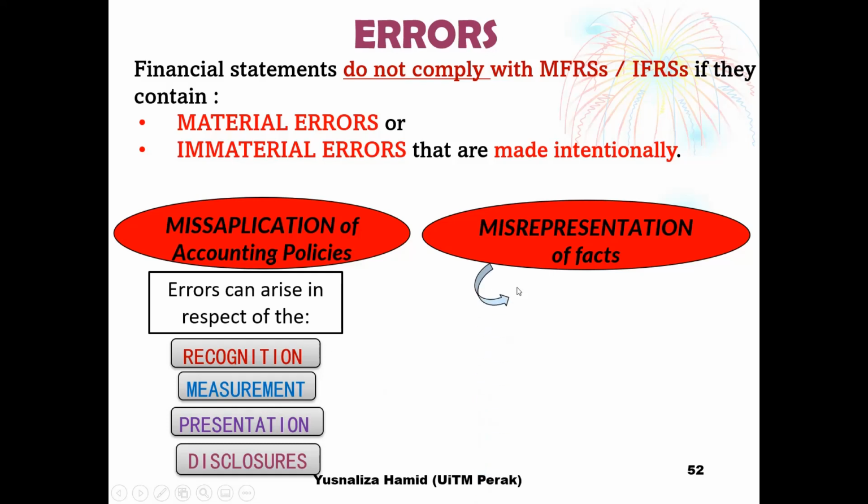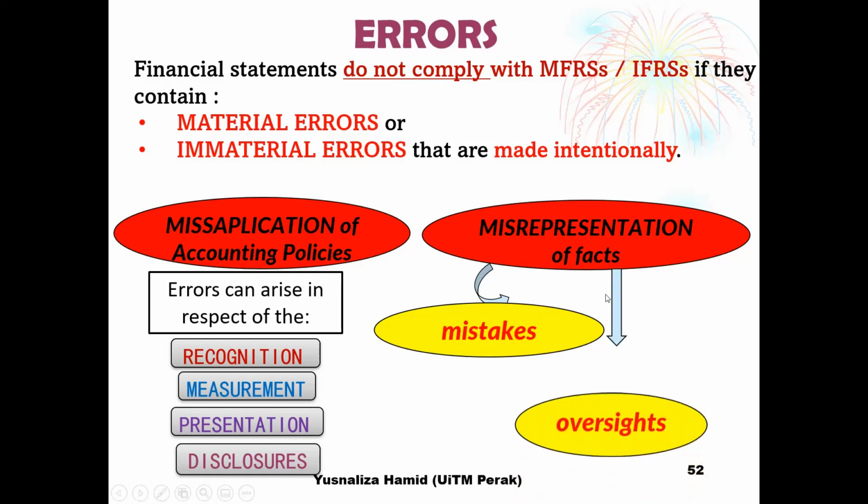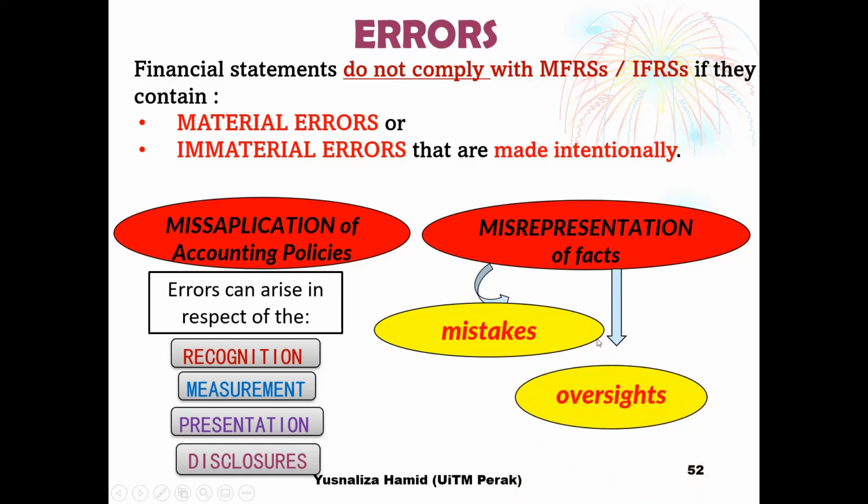When we talk about error, we will normally talk about mistakes. So it is about mistakes, but mistakes in accounting are called errors. Or sometimes it was due to oversight, or facts being misrepresented, as well as when there is fraud.